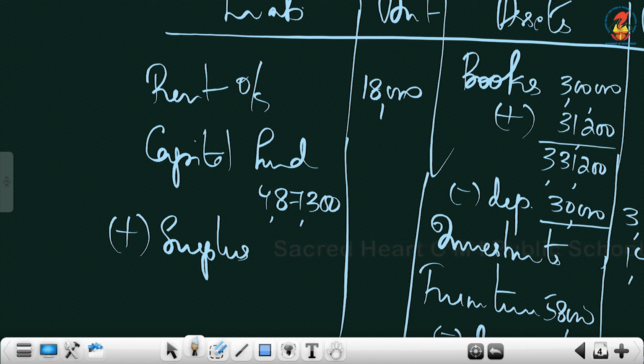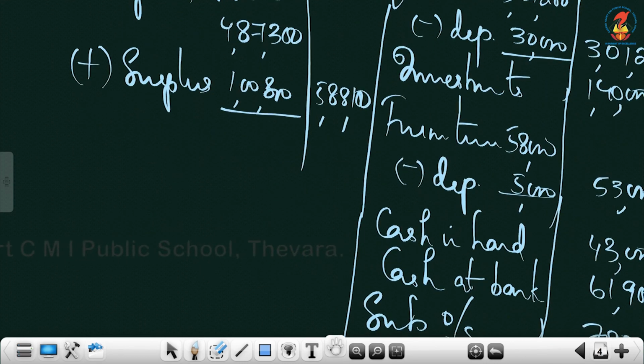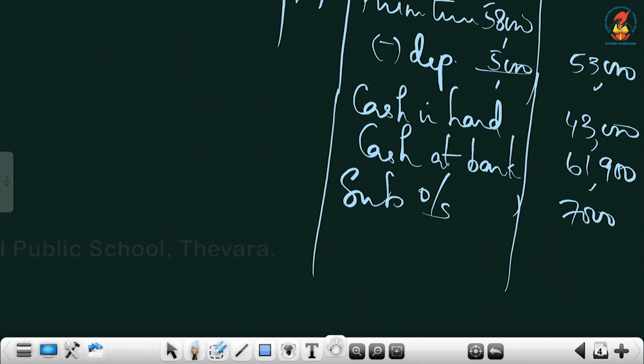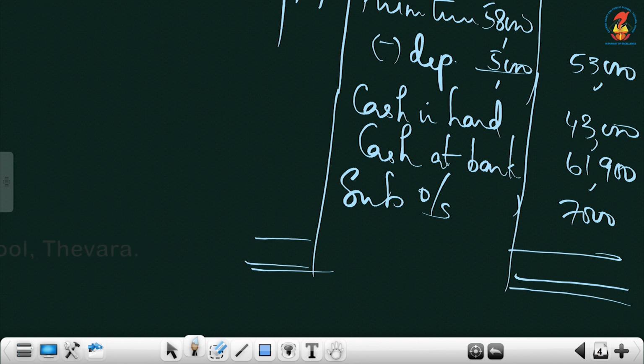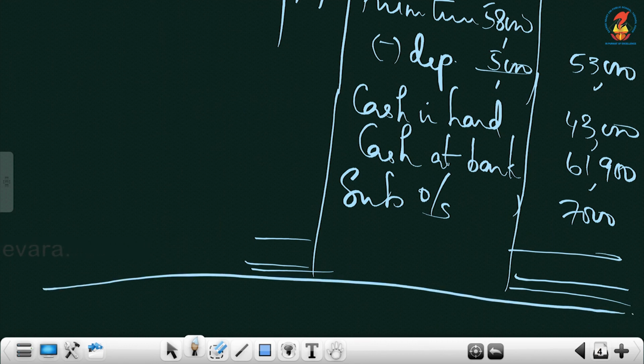Surplus is there in your income and expenditure account, 1,800,000. So, 5,88,100 we will write. Understood? So, now your balance sheet got over. Just write the totals. The totals must be the same now. This balance sheet should tally, otherwise your answer is wrong.